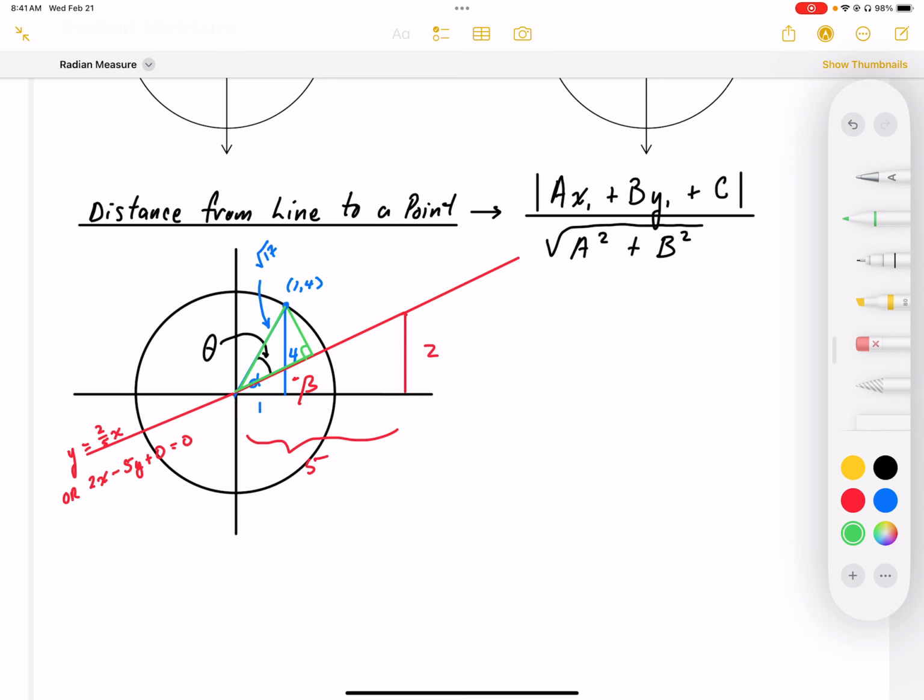So we now have the point. The point is going to be (1, 4). We're going to plug it into this equation.